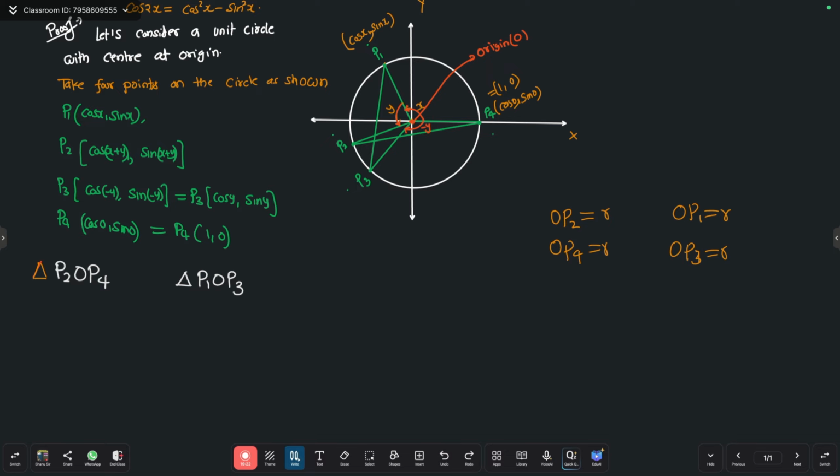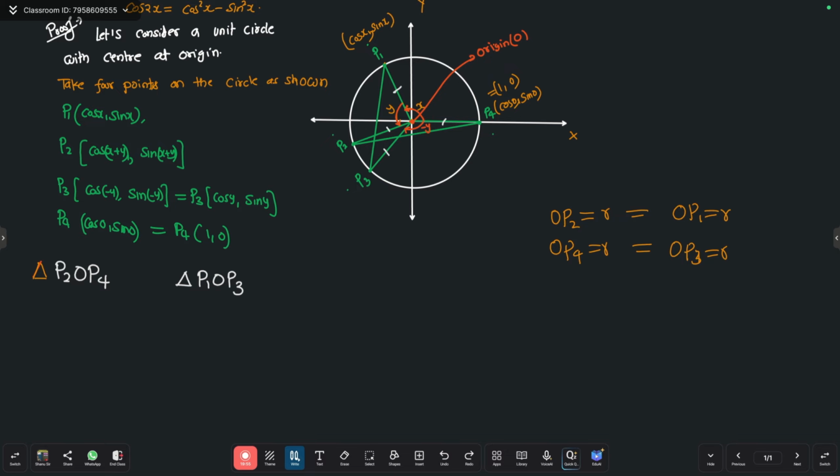It means this side OP1 is the same as OP4, and OP3 is the same as OP2. It means corresponding two sides are equal: OP1 equals OP2 and OP4 equals OP3.